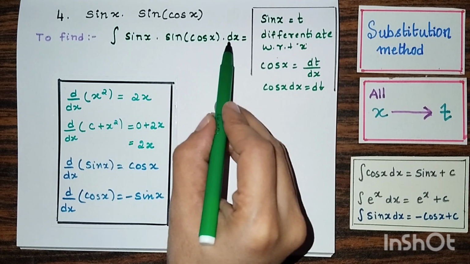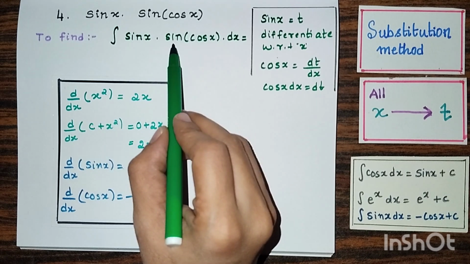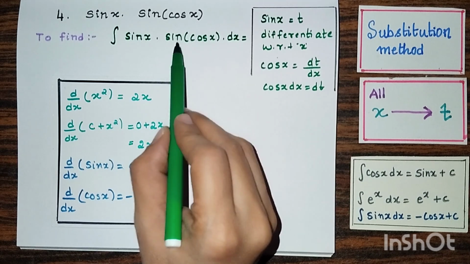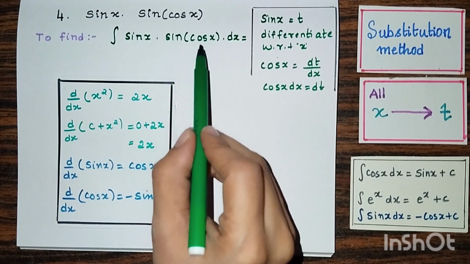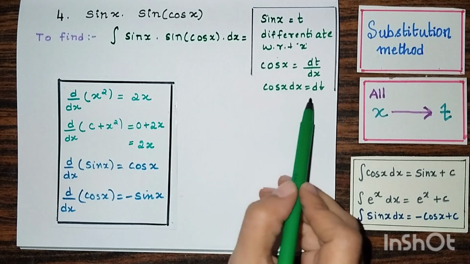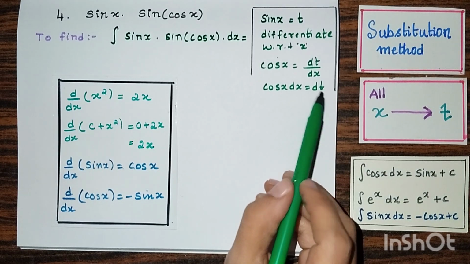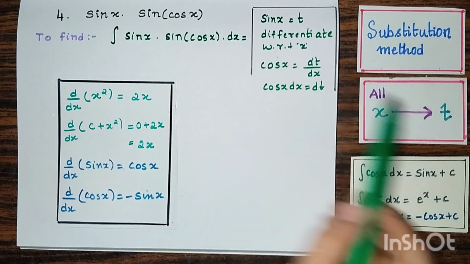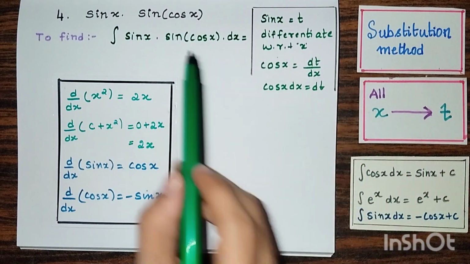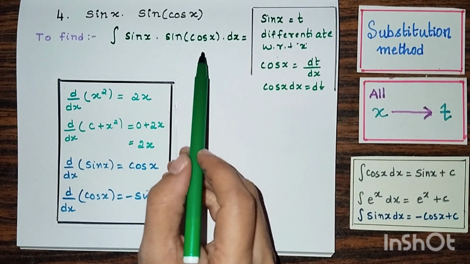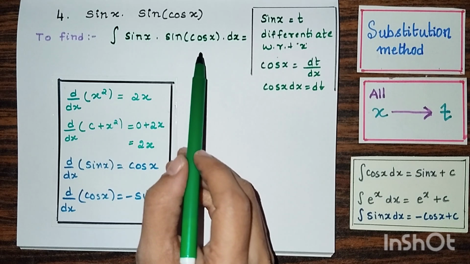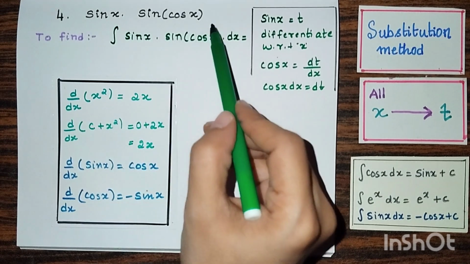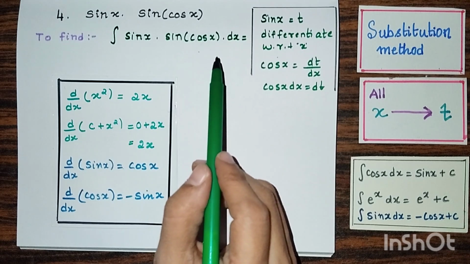But that is wrong because cos x is a part of sine here. So cos x is inside sine. Here we cannot substitute cos x dx is equal to dt. That means we are unable to transform this x variable in the form of t. Hence we have to choose the right function for the substitution. So we will not take sin x is equal to t, we will take cos x is equal to t.